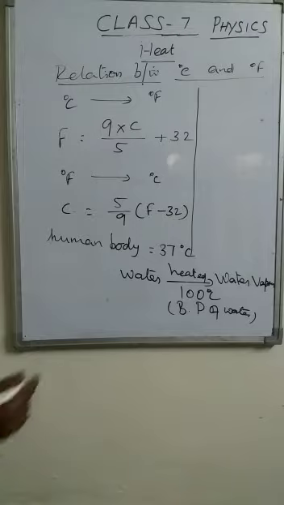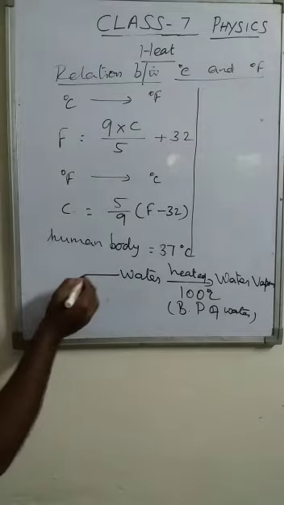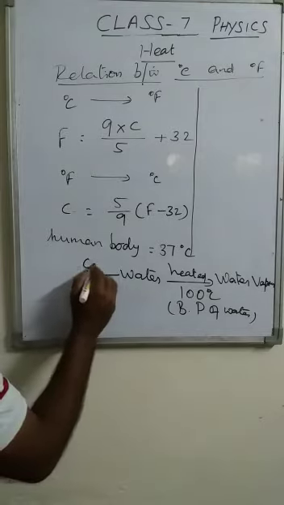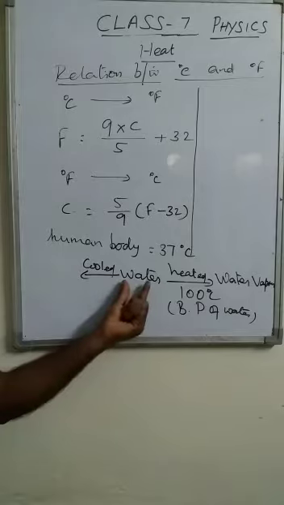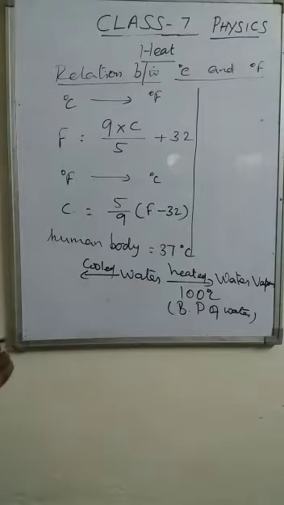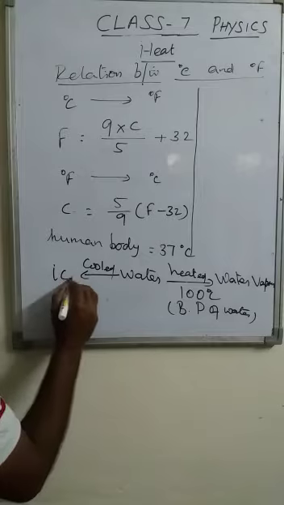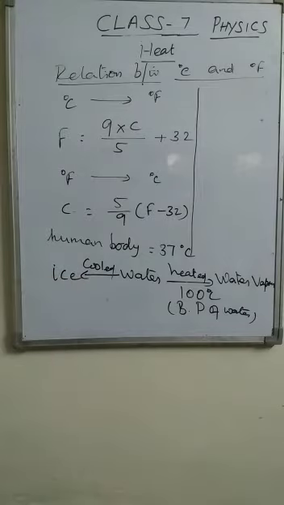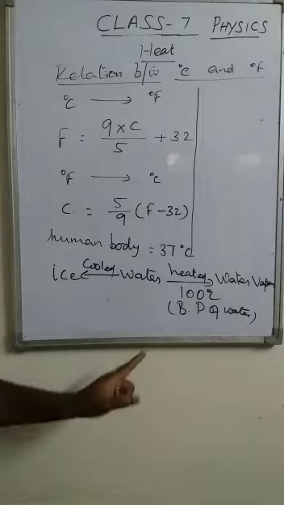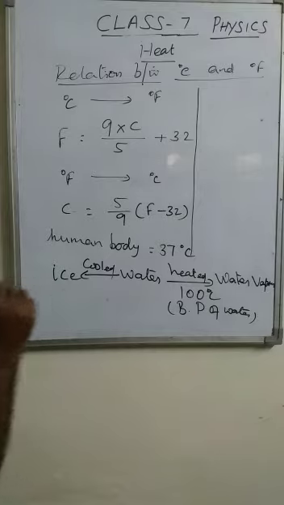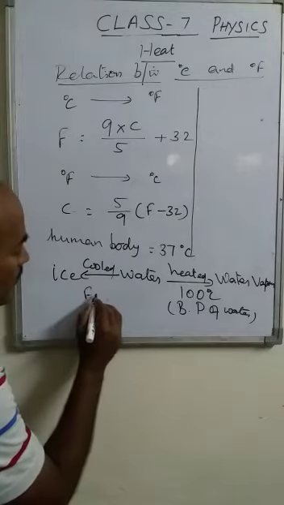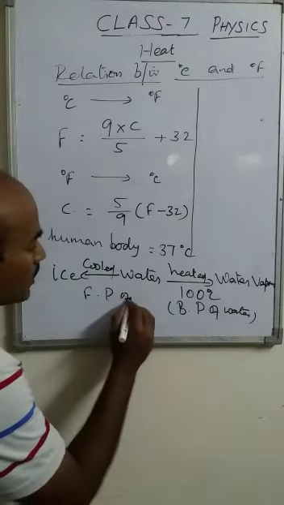Then, if the water is cooled, it changes from liquid to solid, it becomes ice. The temperature at which the water changes into ice is known as the freezing point of water.